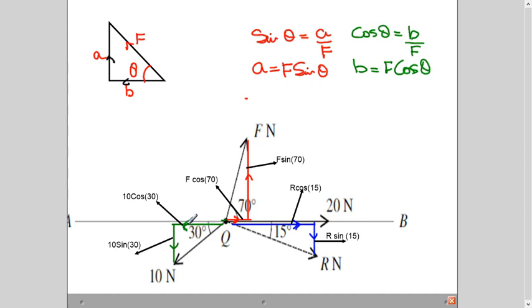Similarly, the resultant force R Newton, resolved horizontally and vertically, is this blue line: horizontally R cos 15 and vertically R sine 15. So I have shown you all the forces resolved horizontally and vertically.